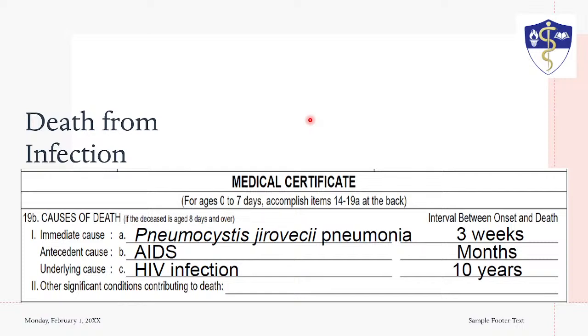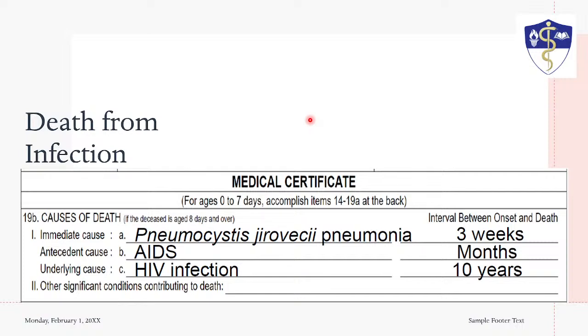Then you're going to ask them how long. So you put that there, months, 10 years. So, HIV infection, AIDS. HIV and AIDS and COVID-19 are the only ones that get abbreviated, like I said in the previous module, because if you write down acquired immunodeficiency syndrome on the line, you will fill up the whole line up to the interval.